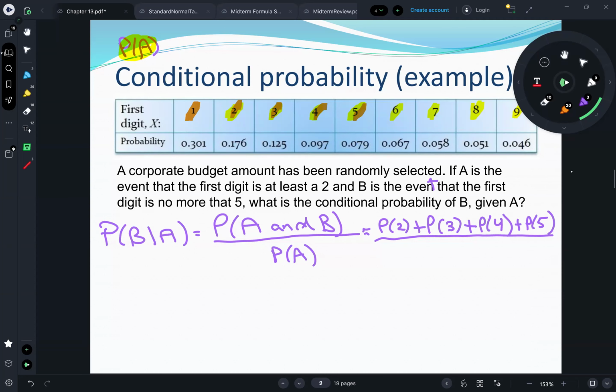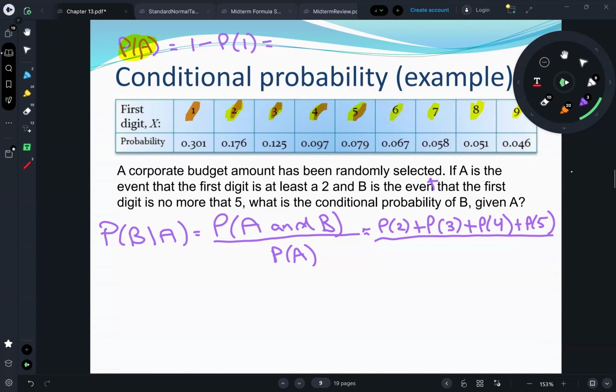The probability of A is at least a 2. So I could do 1 subtract the probability that it's 1, right? So the probability of A equals 1 subtract the probability of 1, because the probability of A, you agree, is at least a 2.